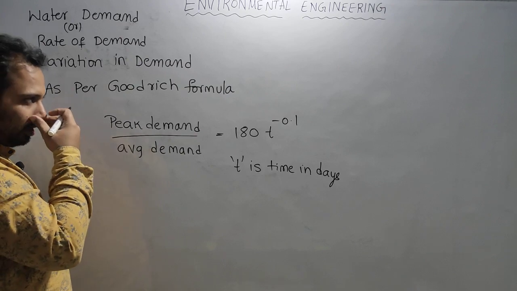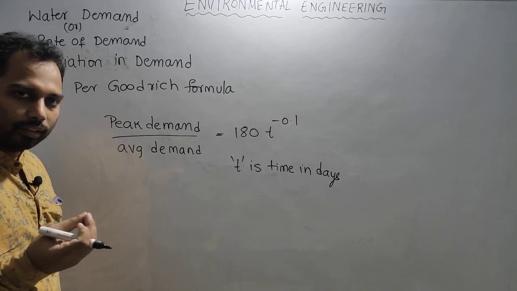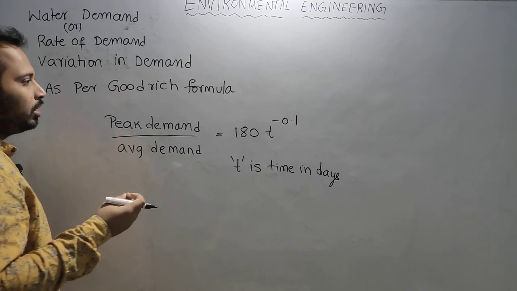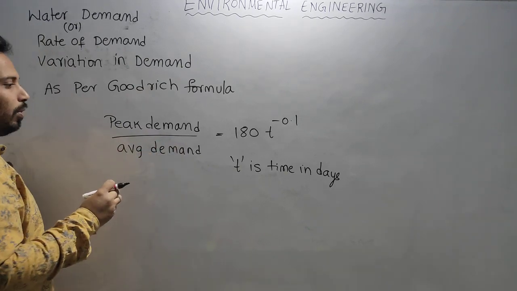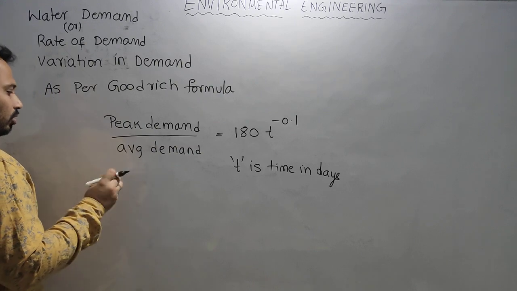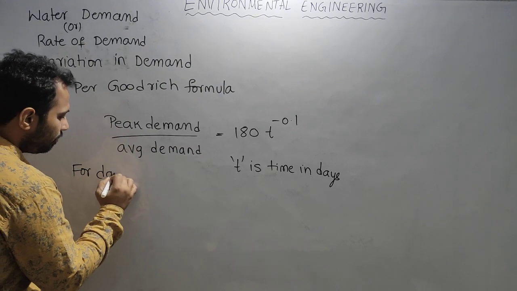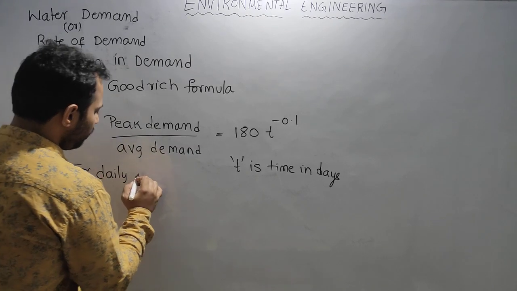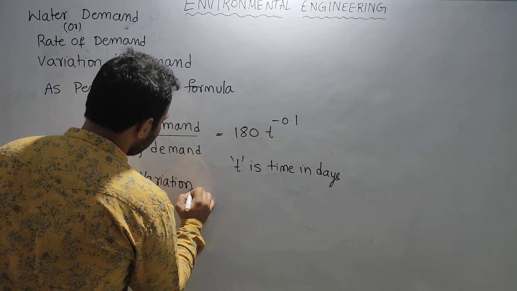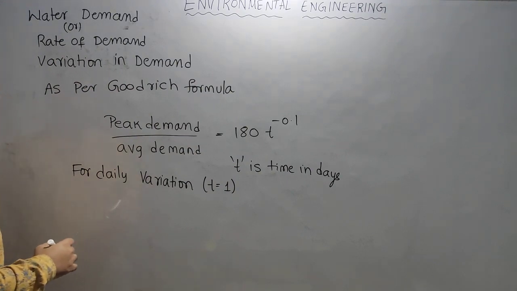I told you the variation will be on a daily basis and on an hourly basis. For daily variation, t is equal to 1.